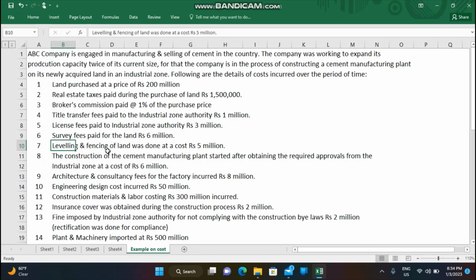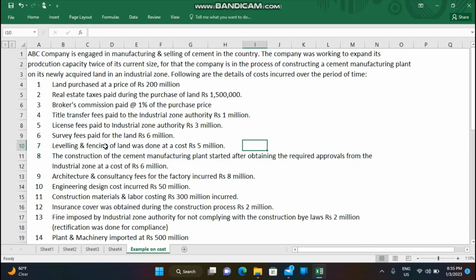Next, we have leveling and fencing of land that was done at a cost of rupees 5 million. Definitely, whenever land is acquired, companies normally do the fencing so that it will be safeguarded against any dangers. Leveling of the land is done so that it will be suitable for the construction activity that will be happening in the near future for the factory building.